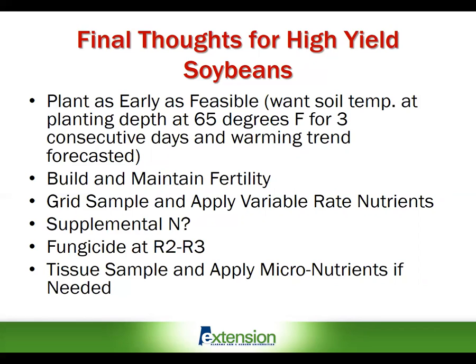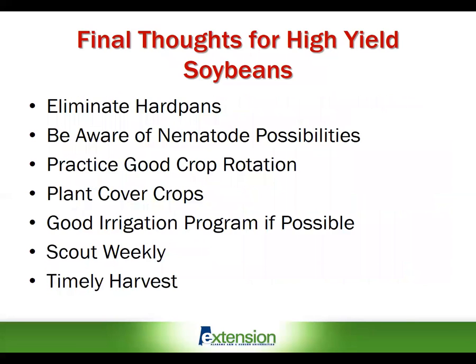Consider applying a fungicide with the other products, the Dimilin and the boron at R2 and R3. Tissue sample and apply micronutrients as needed. Eliminate hard pans. Beware of the nematode possibilities, and that means looking at taking a nematode sample when we get into July and August. Practice good crop rotation.